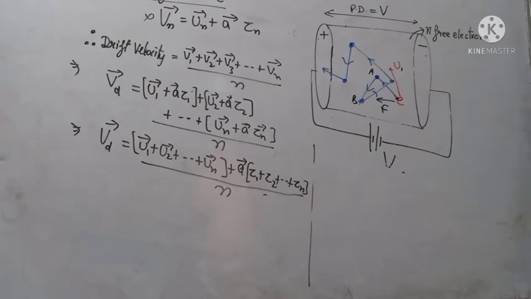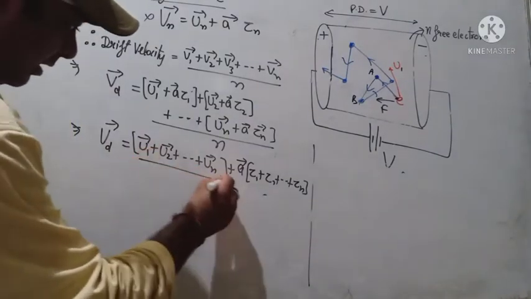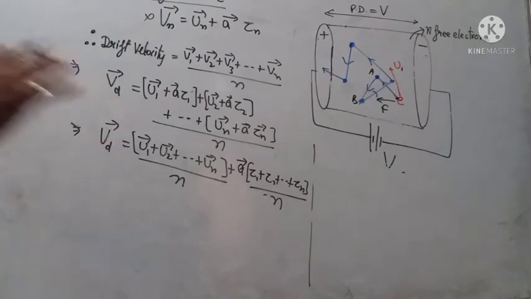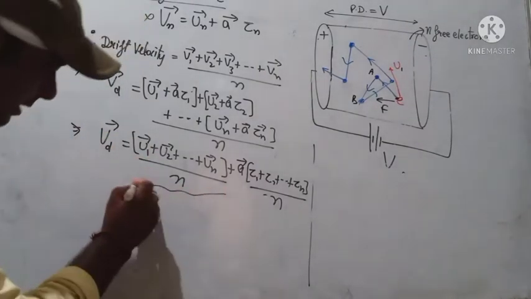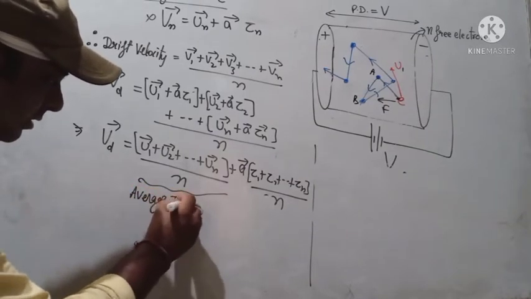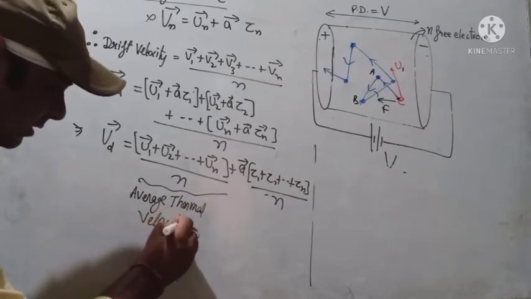Now we are separating the denominator also, upon n and upon n. If we look, what is this? This is the average thermal velocity.